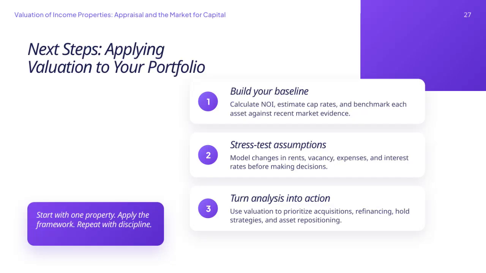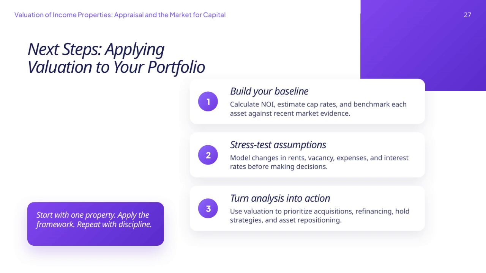To effectively apply valuation to your portfolio, start by selecting one property and applying the valuation framework consistently. This disciplined approach ensures accuracy and familiarity with the process. First, build your baseline by calculating the net operating income, estimating capitalization rates, and benchmarking each asset against recent market data.